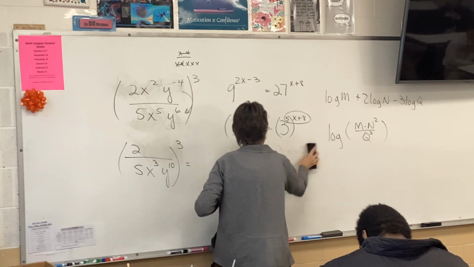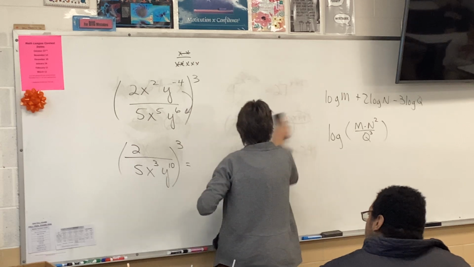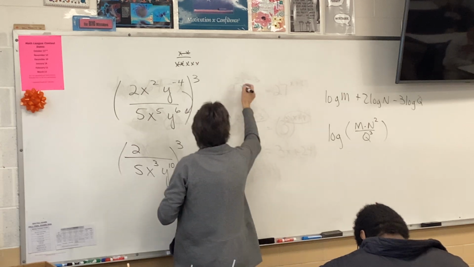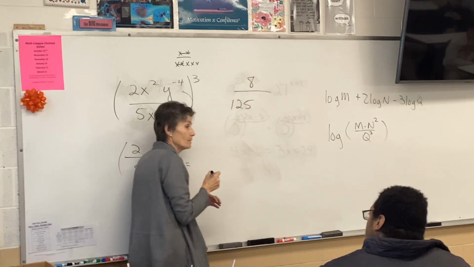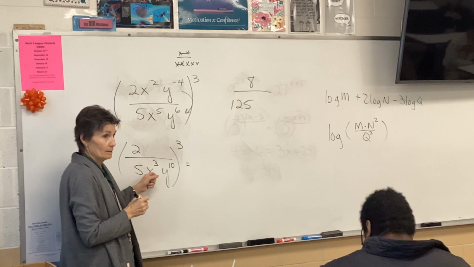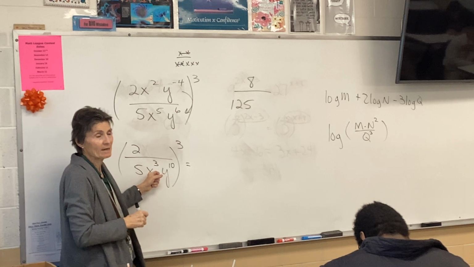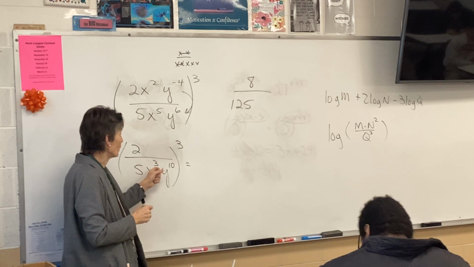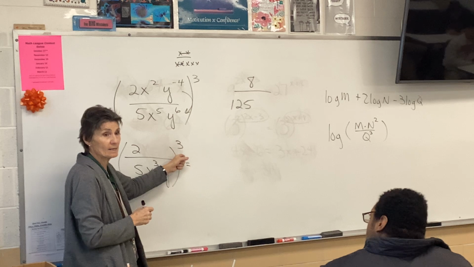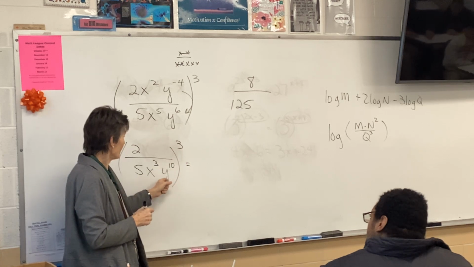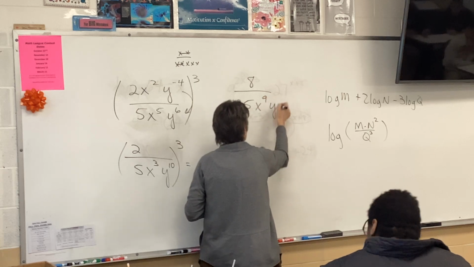And then I've got to cube the 5. So I have 8 and 125. Now, I never cube an exponent. I never square an exponent. Instead, what do I do? Multiply. Yep. So I have x to the 9th and y to the 30th. That's it.